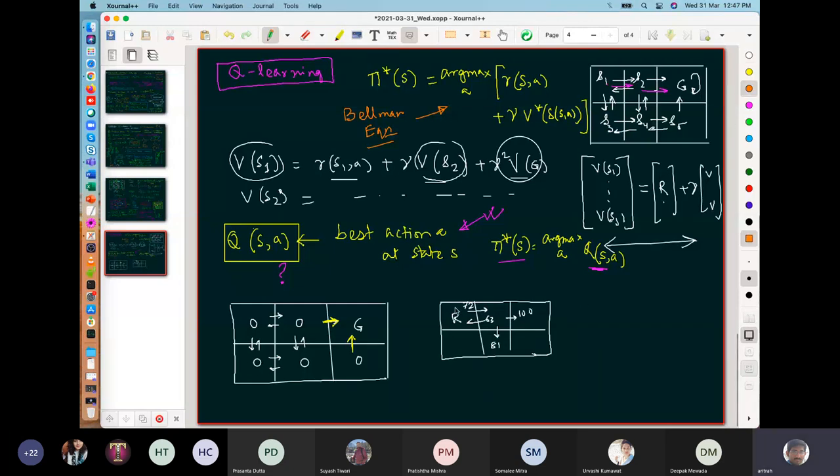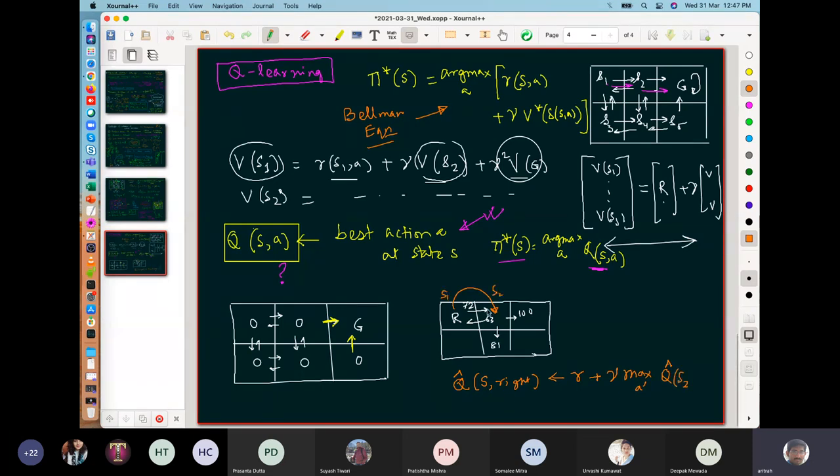Now, when I make a move of the robot to this place, how do I update the Q value? I would update the Q value of that particular state with the right move that I make with the current reward plus gamma times the max of all the Q values in the new state that I reach.